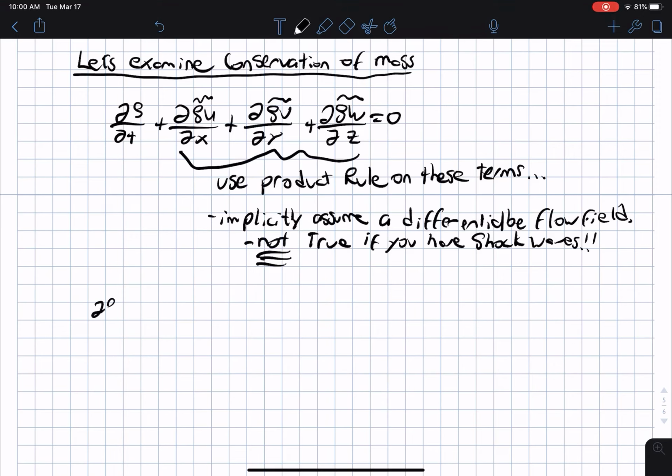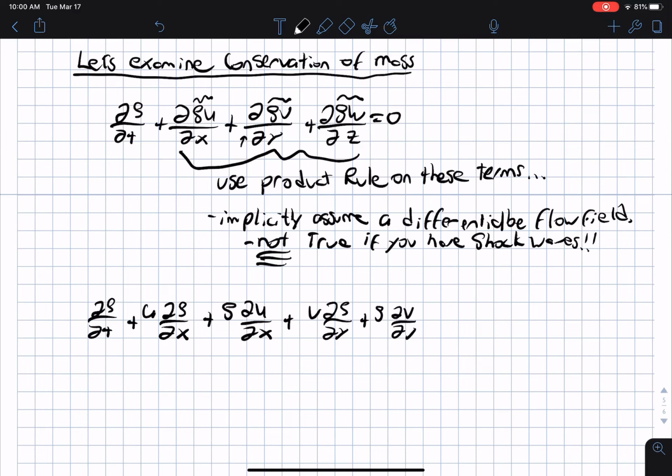So we have partial rho partial t, plus u partial rho partial x, plus rho partial u partial x, plus the product rule on the y derivative term, that's v partial rho partial y, plus rho partial v partial y, plus the product rule on the z derivative term, so that's w partial rho partial z, plus rho partial w partial z, and this whole thing is equal to 0.